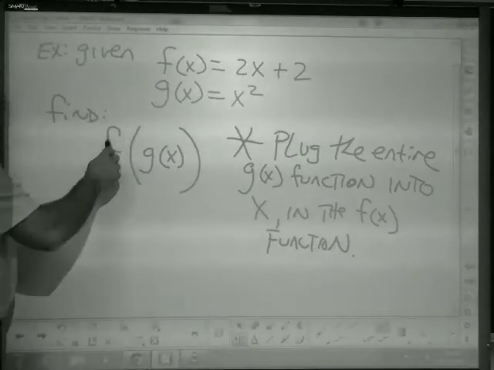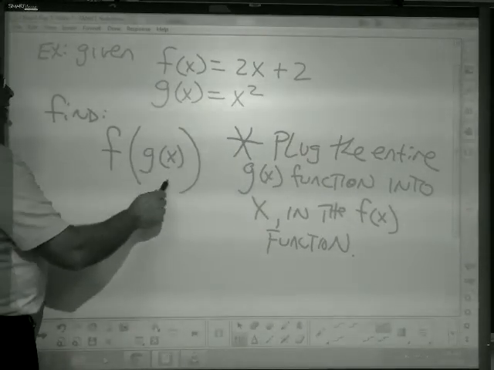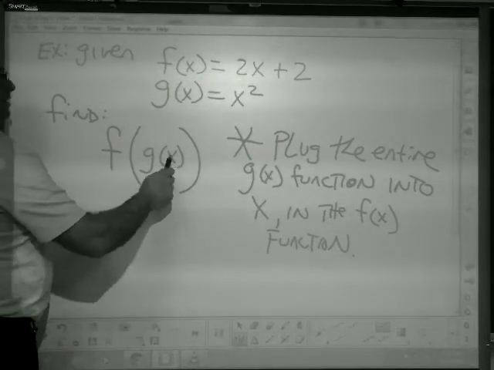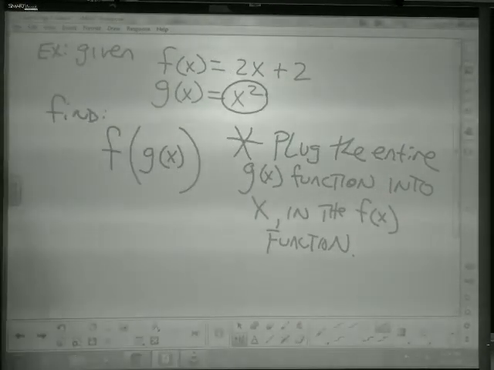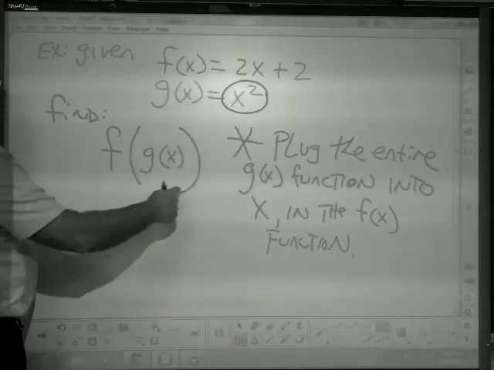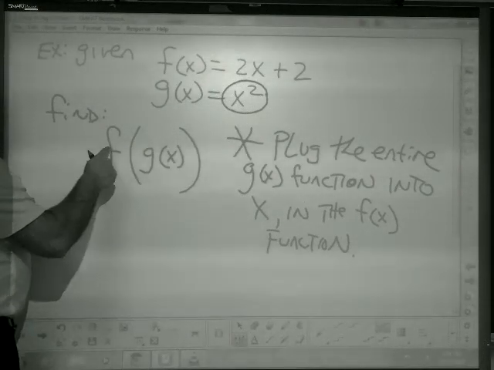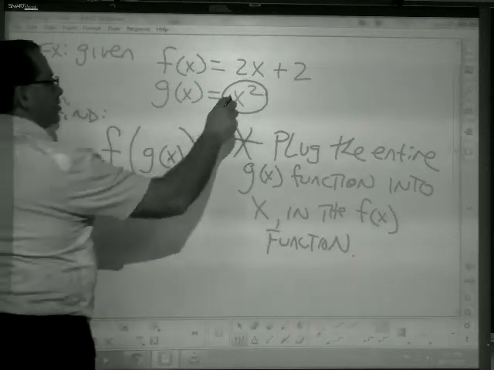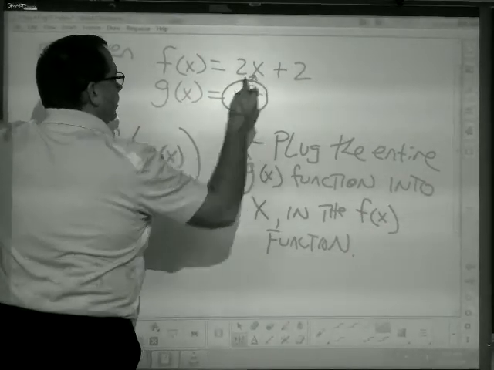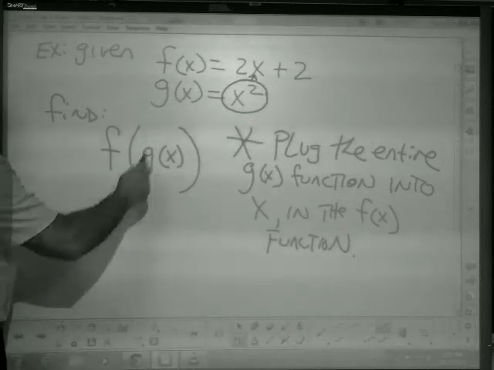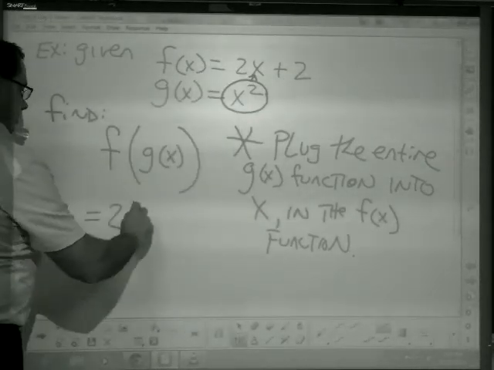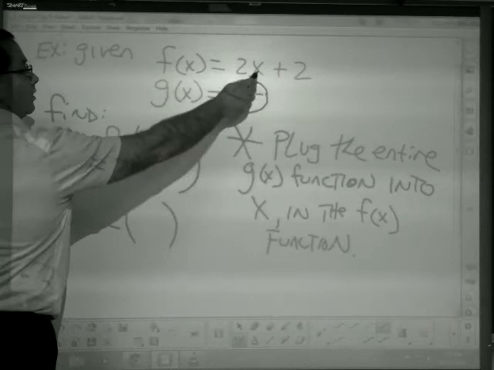I want to find the f of this thing. Well, what is this thing? This thing is x squared. So I'm going to take this whole thing, whatever this whole thing is, and put it in for x in the f function. So this will go right there. So I write this out as 2 parenthesis, what goes here?